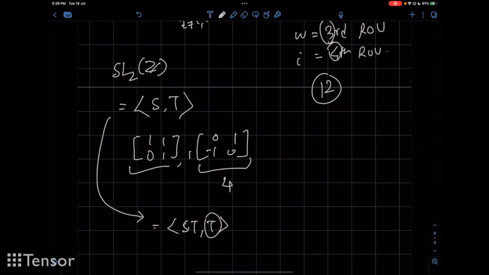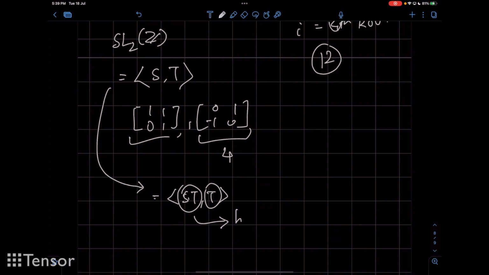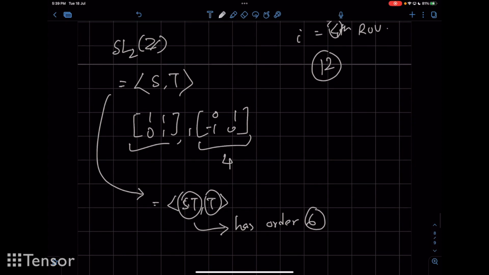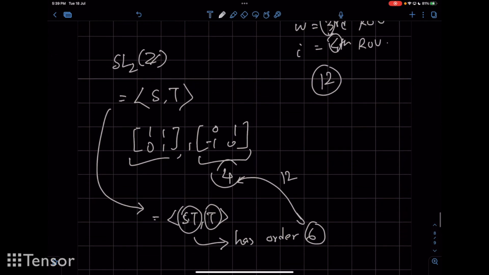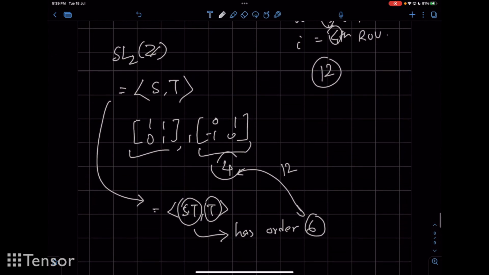T has order 4, and ST has finite order; in fact, if I remember correctly, ST has order 6. So SL2Z is in fact generated by two elements of finite order. And what's the LCM of these two orders? It's 12. 4 and 6 are of course related to the Eisenstein basis: E4 and E6 make up the whole universe of modular forms.